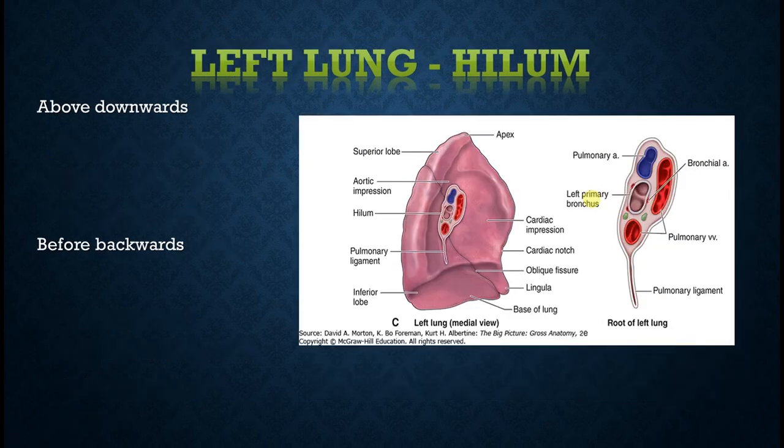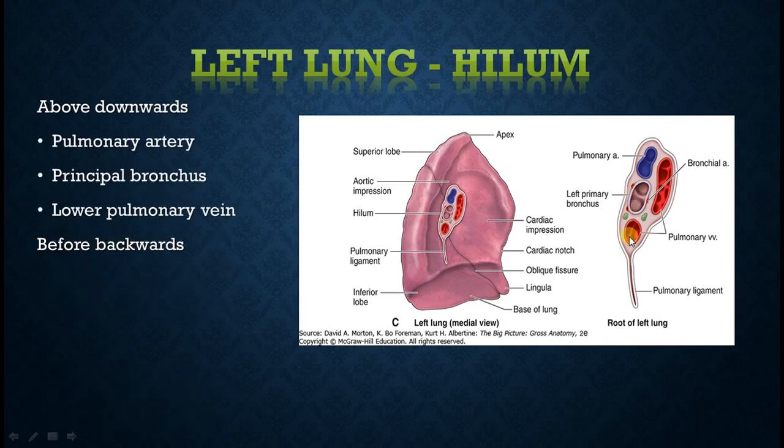Now going to the left lung. In the left lung the eparterial bronchus is missing, because the left lung has only two lobes. So from above downwards it is pulmonary artery, principal bronchus, inferior pulmonary vein.